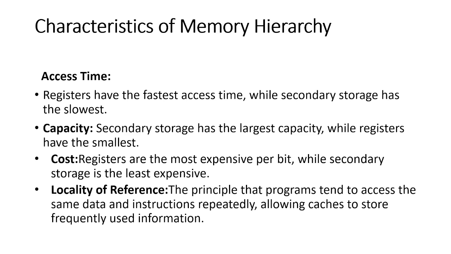So the next one is the characteristics of memory hierarchy. How the different types of memories are placed in different levels based on certain criteria. We have to categorize the characteristics of memory hierarchy. The first one is the access time.